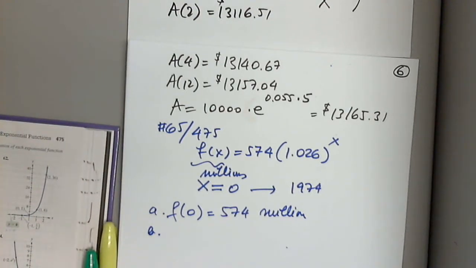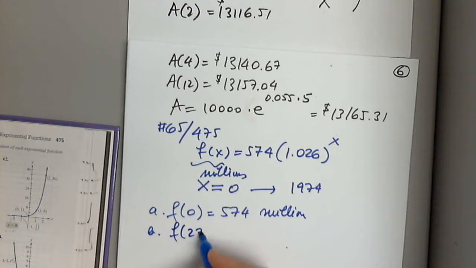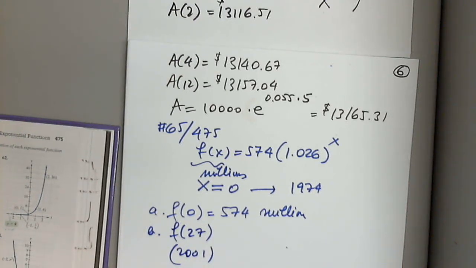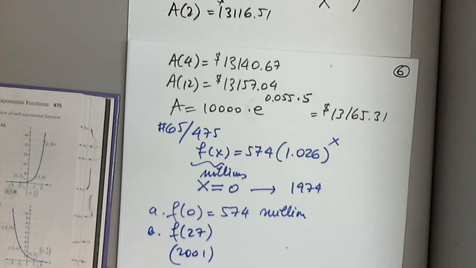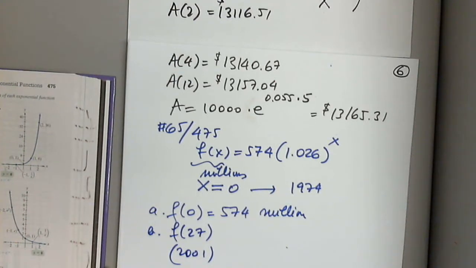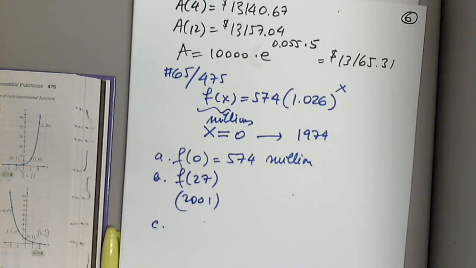Good. Substitute 27 for x and use a calculator to find India's population to the nearest million in the year 2001. I'm just going to read C, D, so I can put the book away. Find India's population to the nearest million in the year 2028.